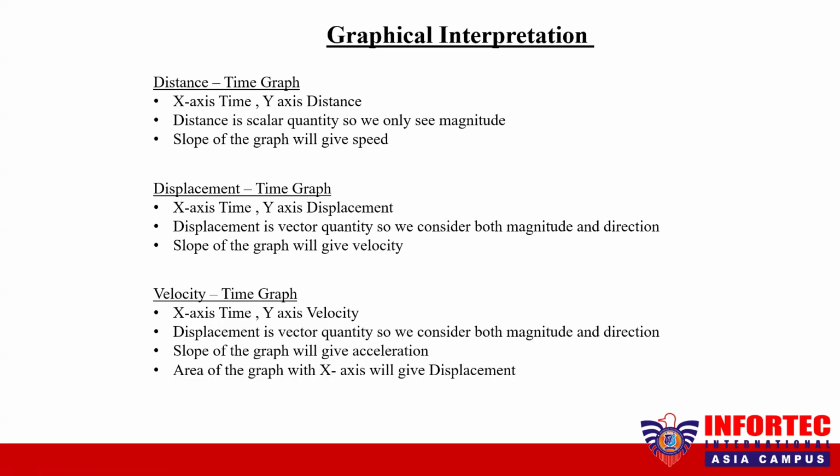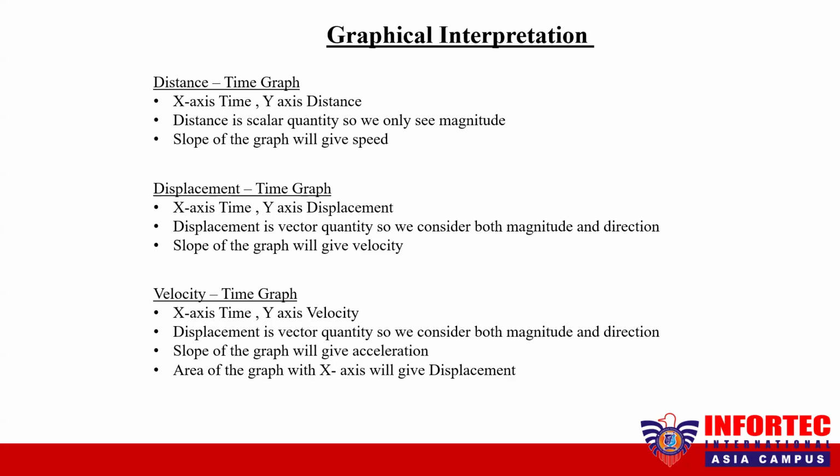We do not need to define direction, right? In the distance-time graph, the slope of the graph will give speed. What is the slope here? When the y-axis represents distance and the x-axis represents time, the slope is delta y divided by delta x, the change in distance divided by the time interval. So the slope of the graph represents speed.